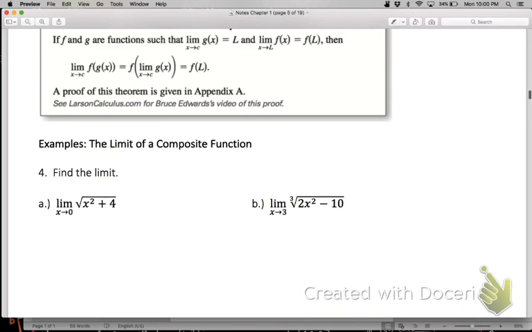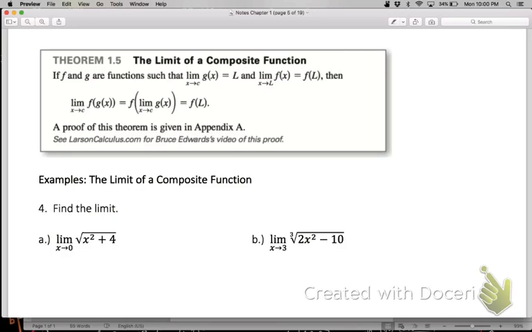So the limit of a composite function says this. If f and g are functions such that the limit as x approaches c of g of x is L, so L is going to be the limit of g of x, and then, because we're doing a composition, we take the limit as x approaches L of f of x, and we want that to be f of L, then it is going to be true that the limit of the composition as x approaches c of f of g of x is simply going to be f of L. And remember, L is the limit as x approaches c of g of x.